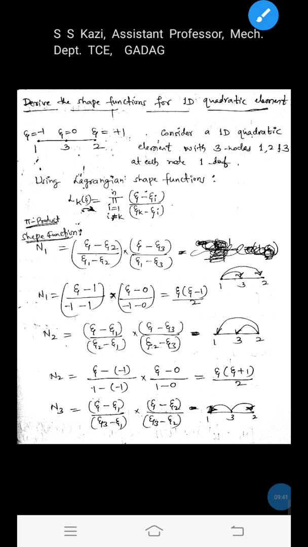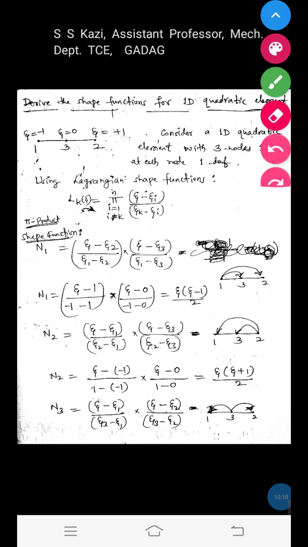We can also derive the shape functions for the 1D quadratic element using the polynomial function. You can try that and compare with these two. You will get the same shape functions N1, N2 and N3. But this Lagrangian method is very simple, and the steps involved are fewer compared to the polynomial function.